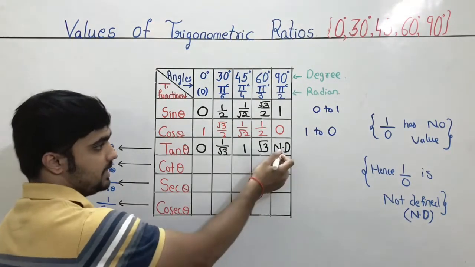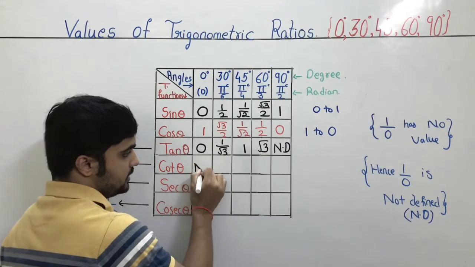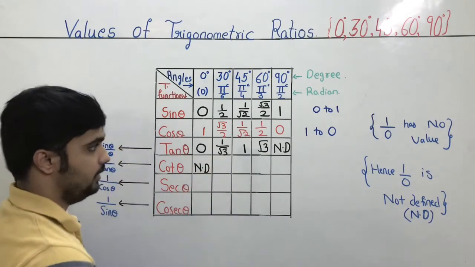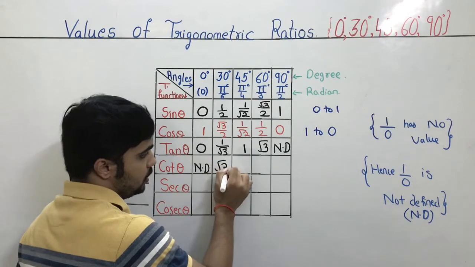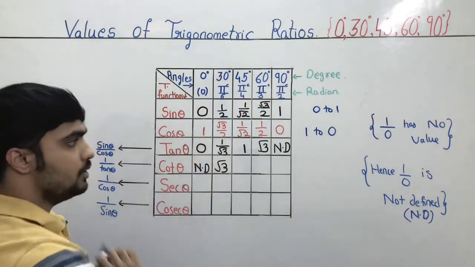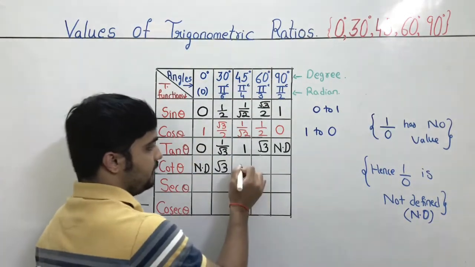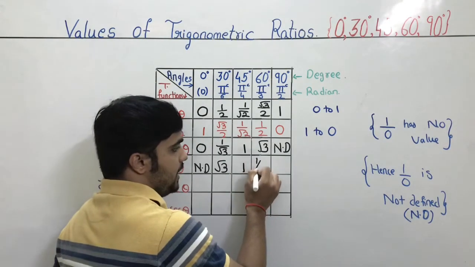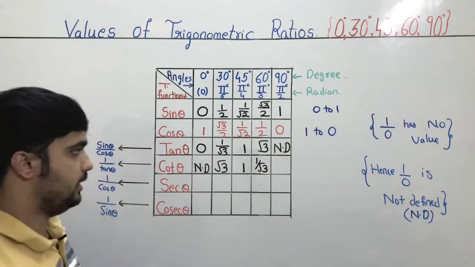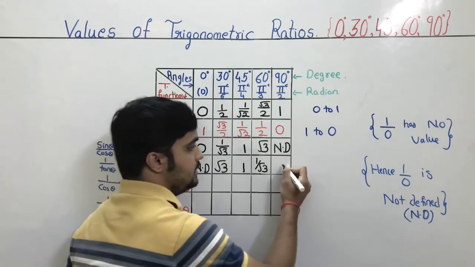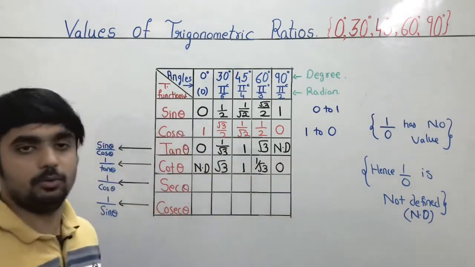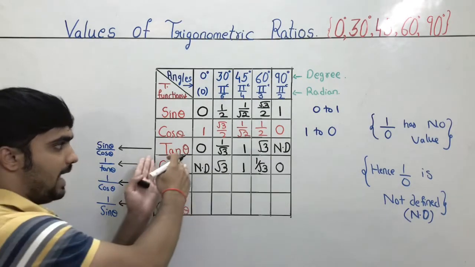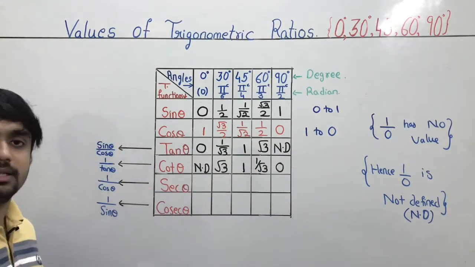We start with cot 0, which is not defined. Then cot 30 is root 3, cot 45 is 1, then 1 by root 3, and last, cot 90 is 0. So tan values in this direction are cot values in the opposite direction.